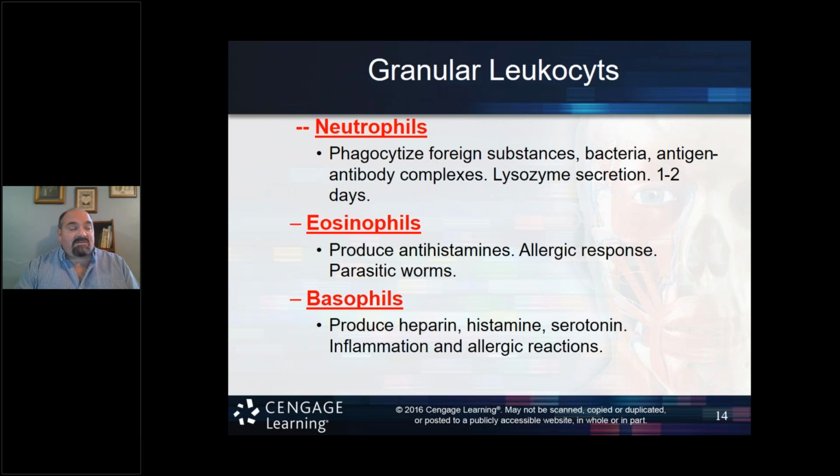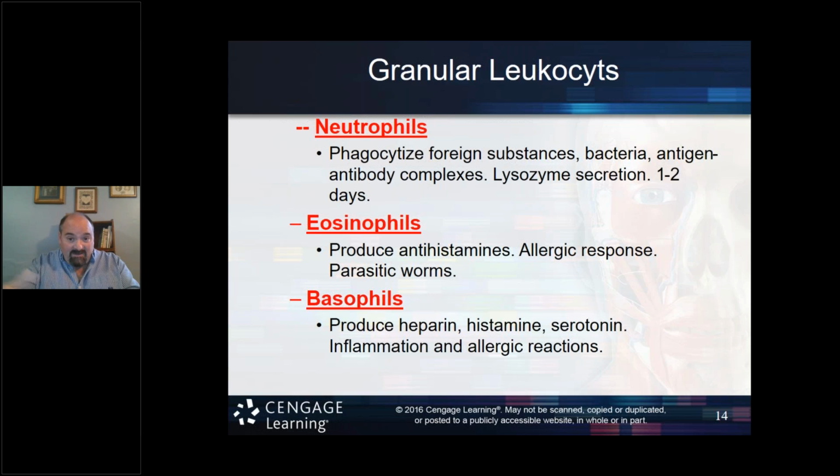Now here we have, like I said, we mentioned the leukocytes, the white blood cells, and we said that there are granular and agranular leukocytes. So the granular, as I said, follow never let monkeys eat bananas, right? The neutrophils, it's important to know that those are the predominant white blood cell present within the blood. They have a phagocytic ability, right?